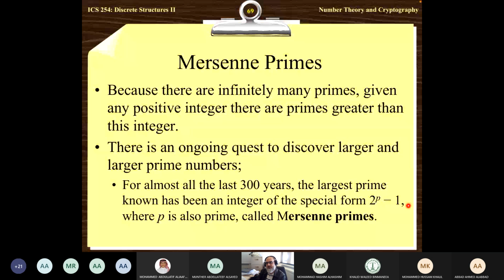Because for example, 2 to the power 4 is 16. 16 minus 1 is 15. 15 is not a prime. But is 4 a prime? Wait, what? Is 4 a prime number? Until you said 2 to the power 4 minus 1, right? Oh, so p has to be prime. Yes.